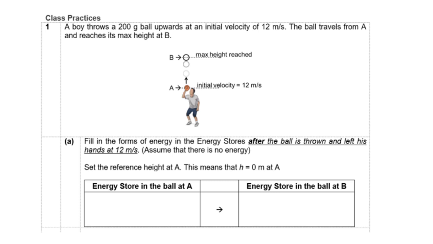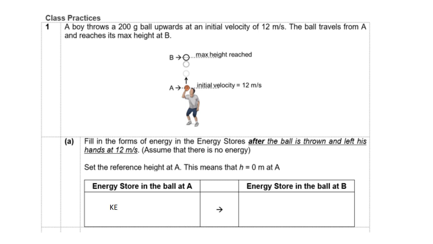So you may recall this example where we have the boy throwing the ball from A to B, and assuming that we took the height equals 0 at A, then we know at the very start there is no GPE at point A. However, since the ball is moving at 12 meters per second, we do remember that since the ball is moving, therefore there must be kinetic energy.